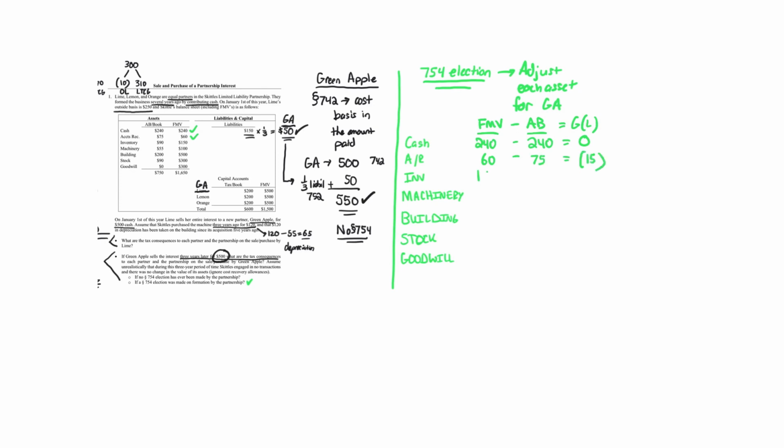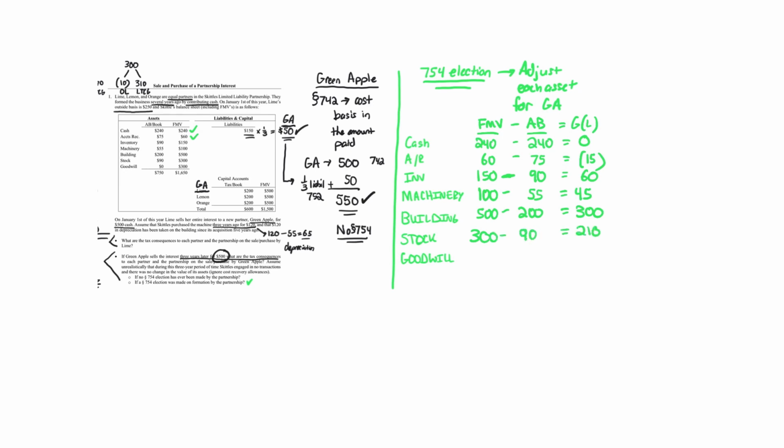Inventory, we've got 150 minus 90, that gives us 60. Machinery, we've got 100 minus 55. That gives us 45. Building, we have 500 minus 200. That gives us 300. Stock, we have 300 minus 90.